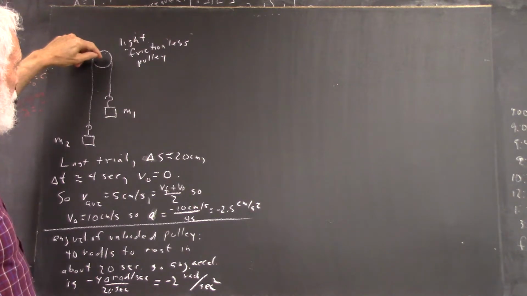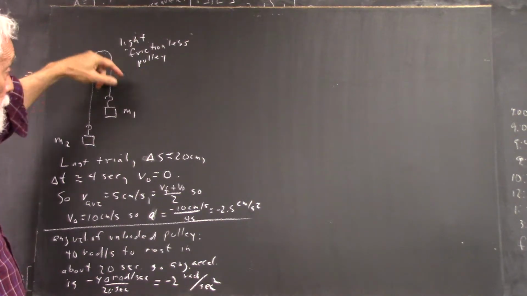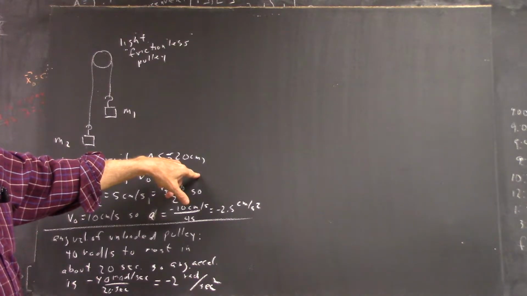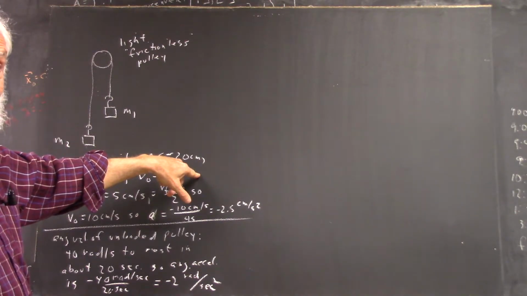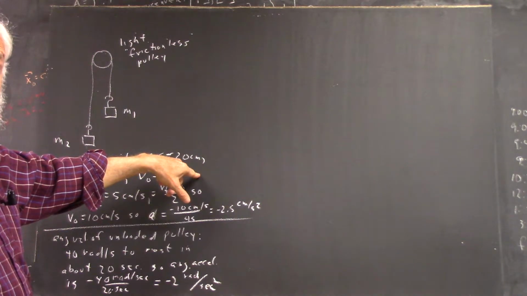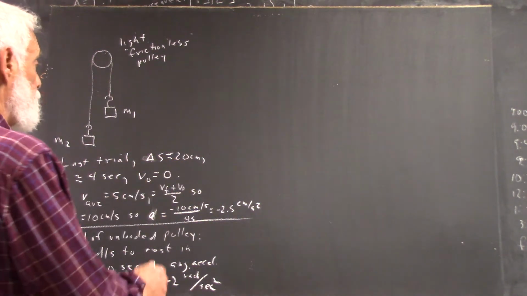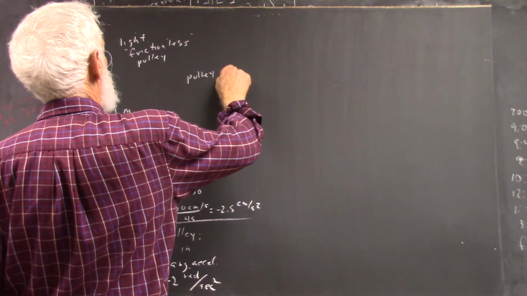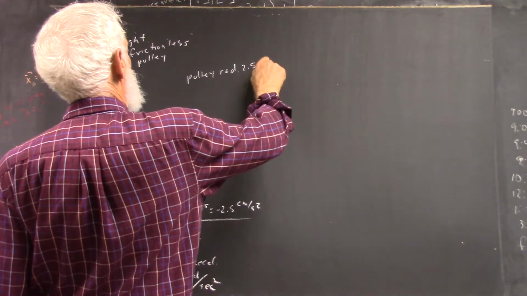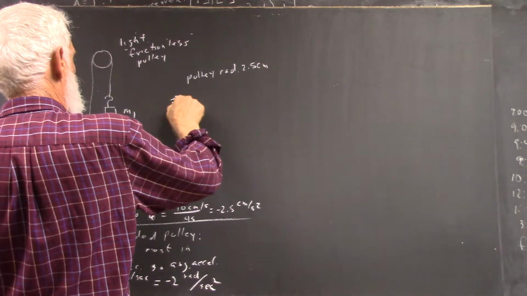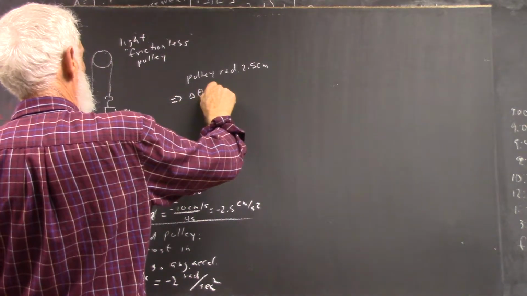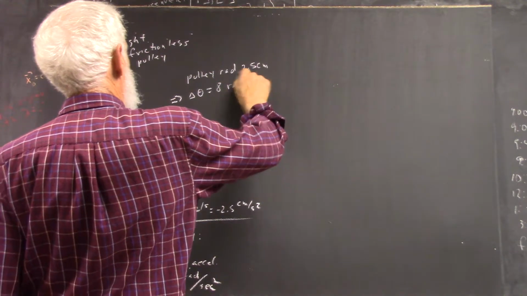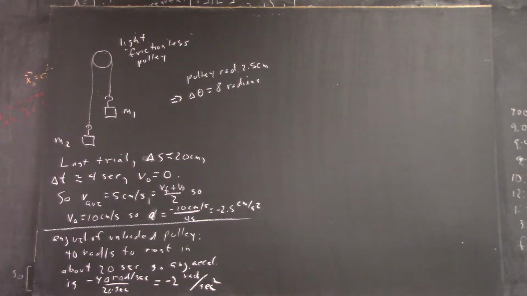But the radius of this thing is 2.5 centimeters. If the thing goes 20 centimeters, well, that's 8 radii, isn't it? Okay, so I can say pulley radius implies your change in angular position is 8 radians.